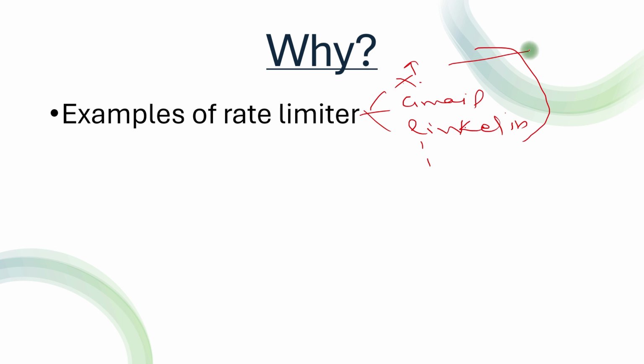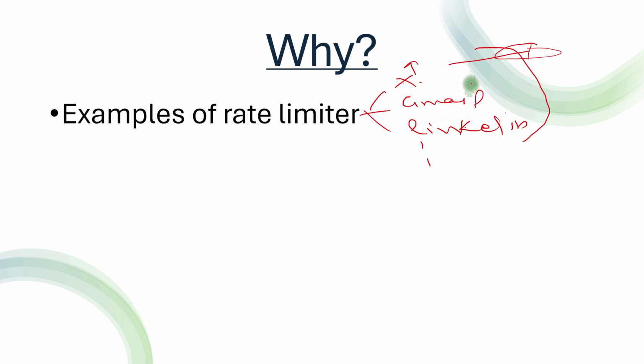Let's say I'm trying to create accounts from my laptop and I have created 10 accounts, and if I want to create an indefinite number of accounts, I won't be able to. After a certain point, I'm not sure about the exact number, this will start throwing an exception that you are no longer allowed to create accounts. This is applicable for X, Gmail, LinkedIn.